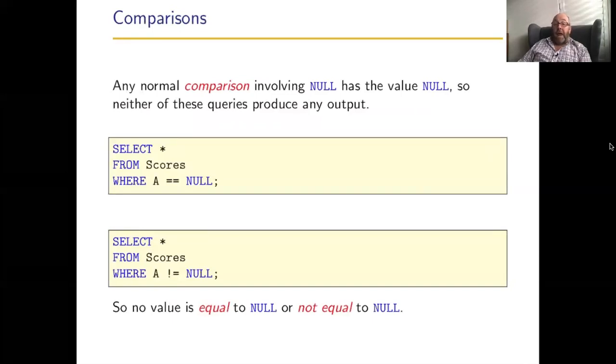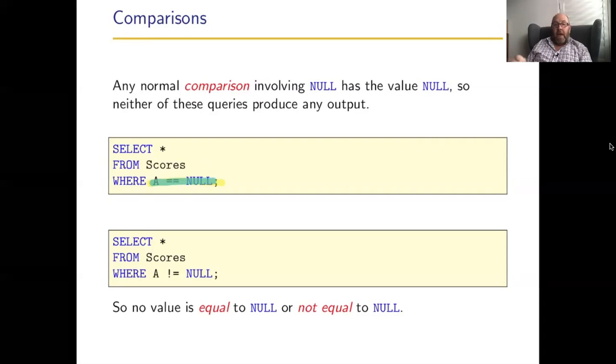Any normal comparison involving null will have the value null, which is sort of strange. So here, A equals null. You probably can't see it in that color. Let me choose a better color. A equals null. Well, we're testing here, is A equal to null?